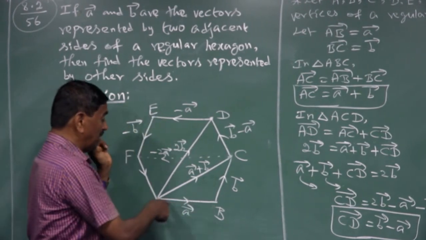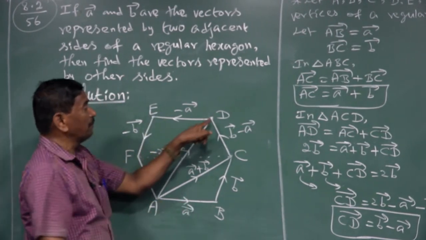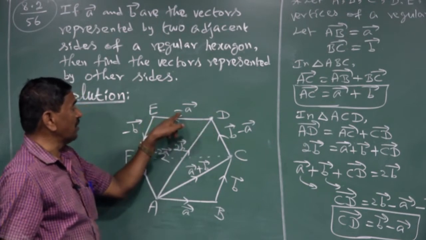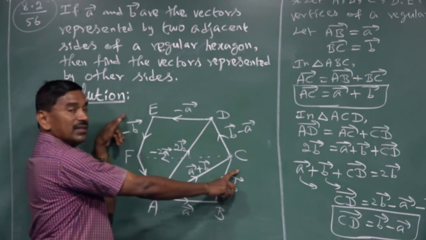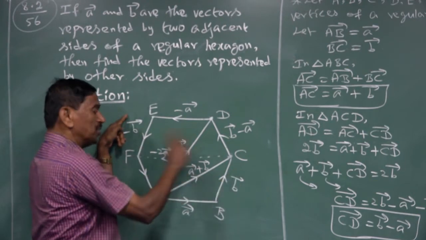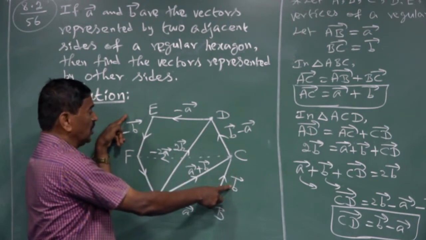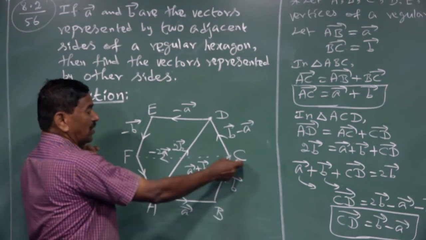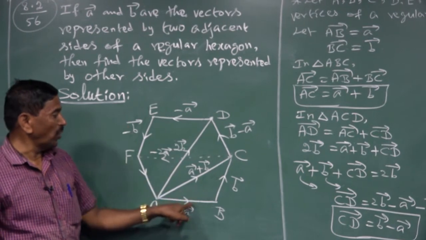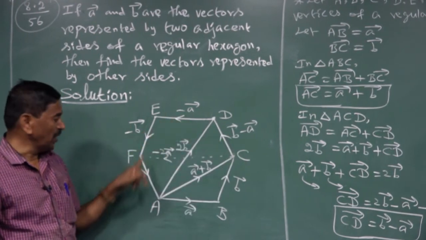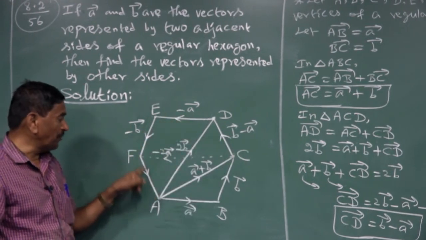Therefore, AB vector is equal to A vector and DE vector equal to minus A vector. Next, BC and EF are parallel, opposite in direction, equal in magnitude. Therefore, BC vector equals plus B vector and EF vector is equal to minus B vector. So 1, 2, 3, 4, 5 ready. Next, the remaining one we want to find is FA vector.